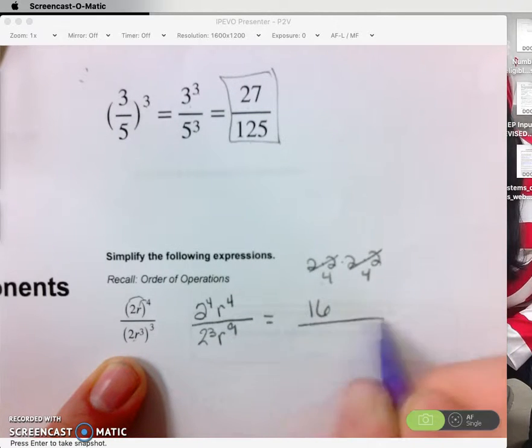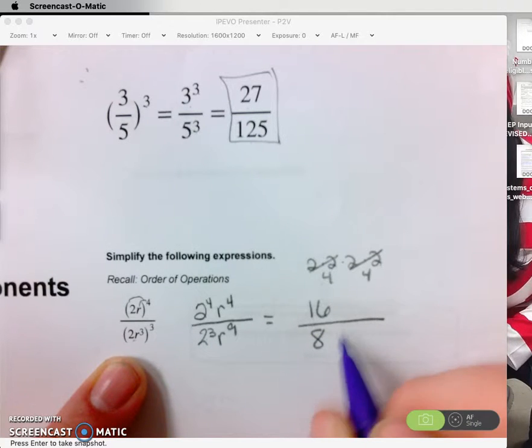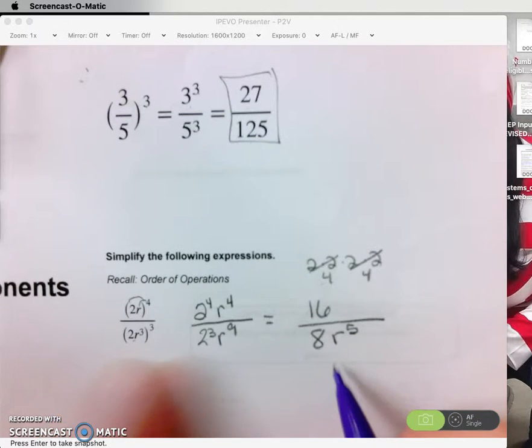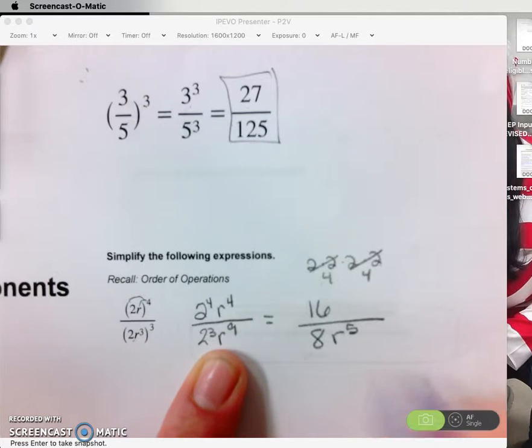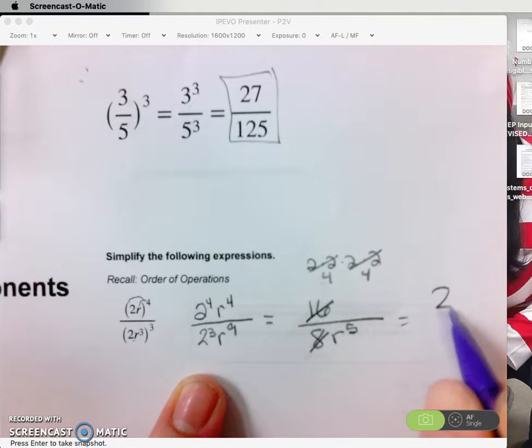And then we have an 8, because 2 times 2 times 2. And then r to the 4th and r to the 9th becomes r to the 5th, and it has to go on the bottom because this would be a negative number. And then we have 16 and 8, so this can be divided out and equals 2. 16 divided by 8 is 2, and then over r to the 5th.